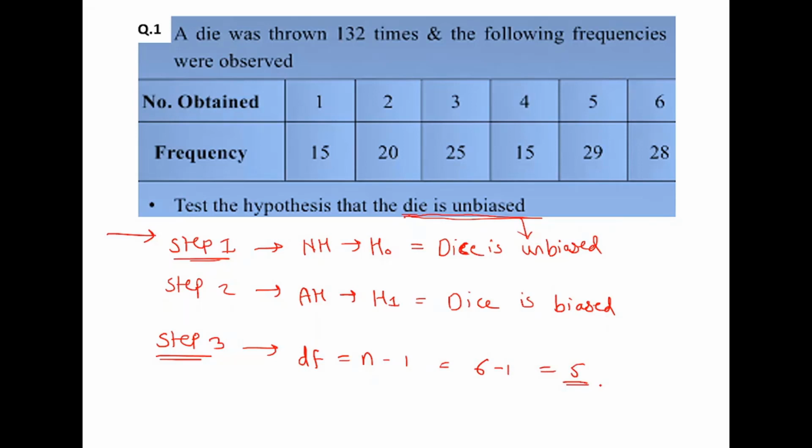The level of significance is not given, so we assume that the level of significance is 5%, that is 0.05. Now from the chi-square table, the chi-square alpha is 11.070.